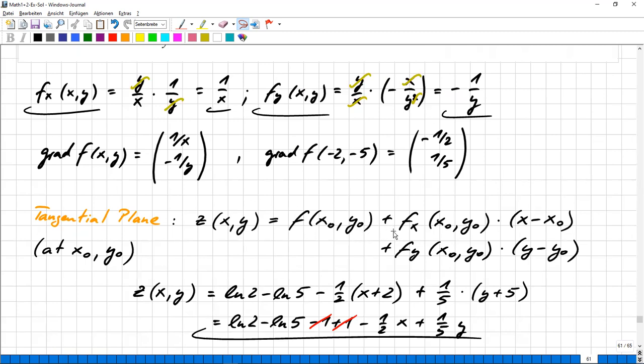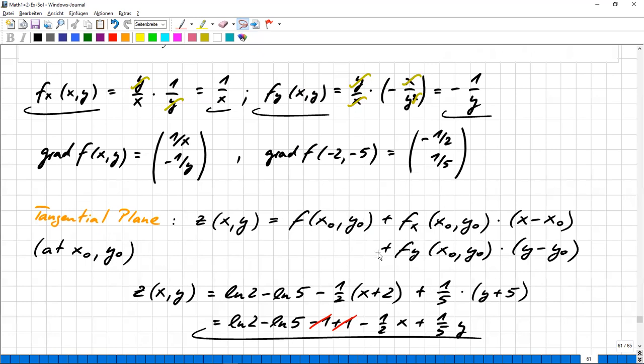Then we add, and now that's important, by using the partial derivative for x at position x0, y0, we use this as a sort of a slope factor to be regarded when multiplying, when moving away from our starting position in x direction. You know what this is?